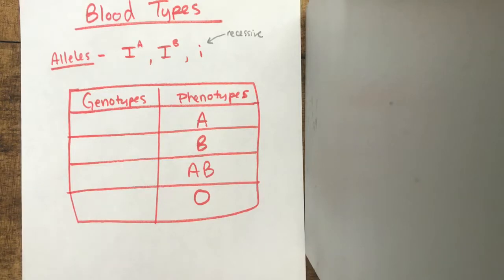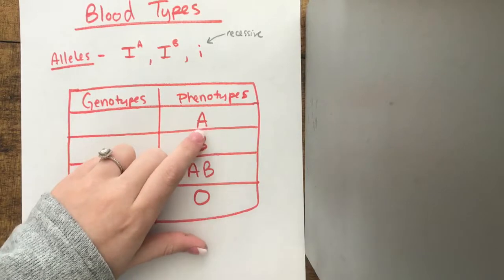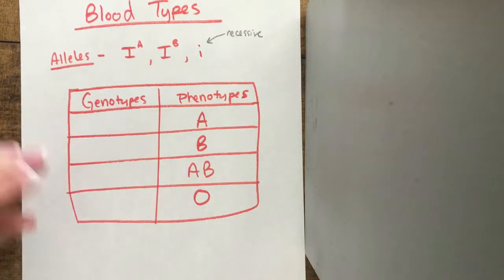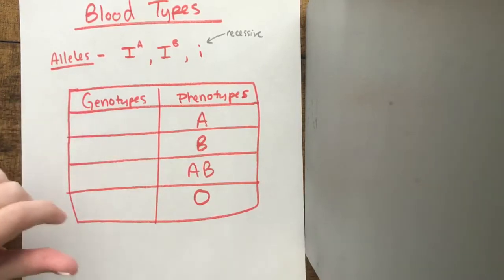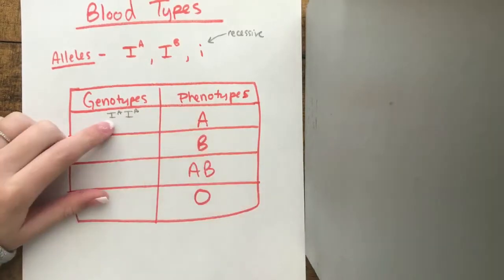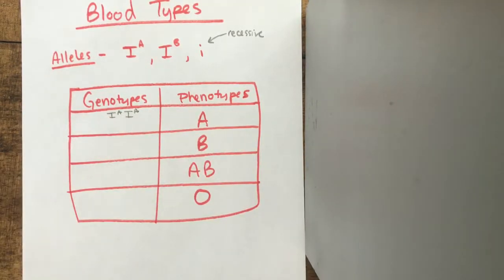Now the genotypes, if you have type A blood for your phenotype, there's two different genotypes you could have. You could have IA from mom, IA from dad.